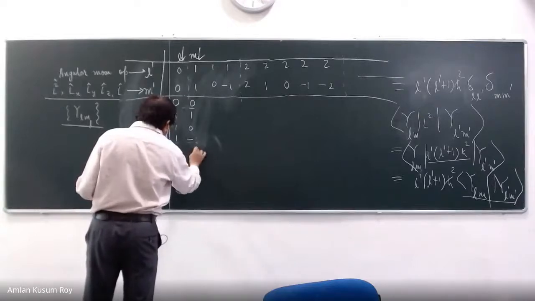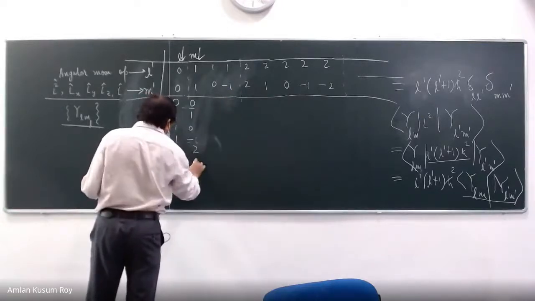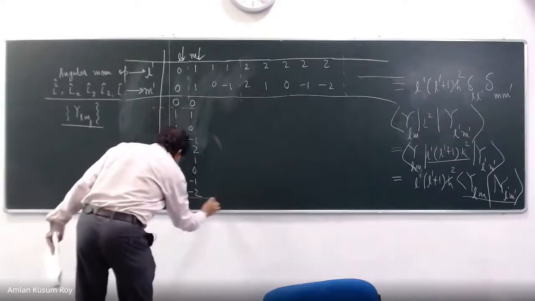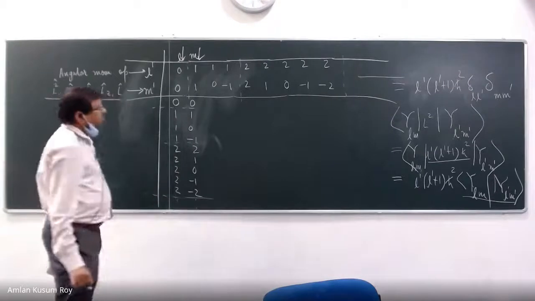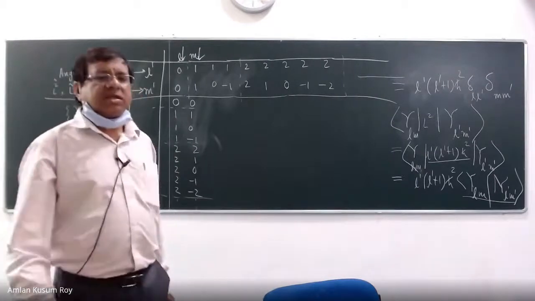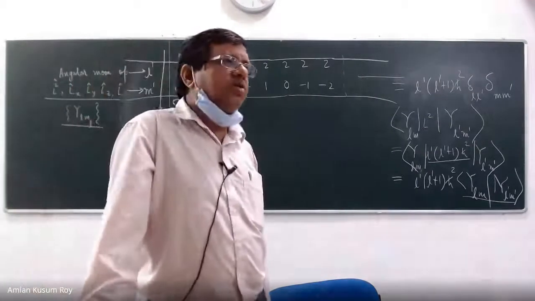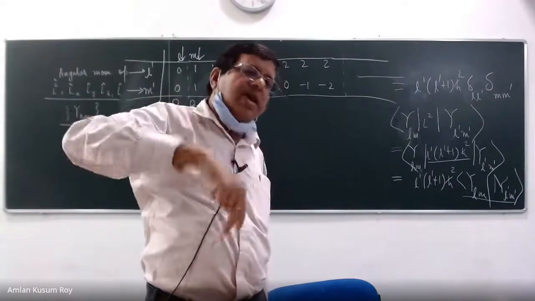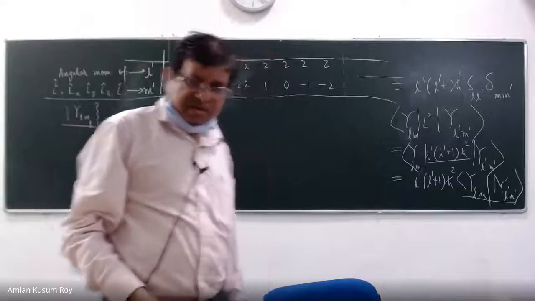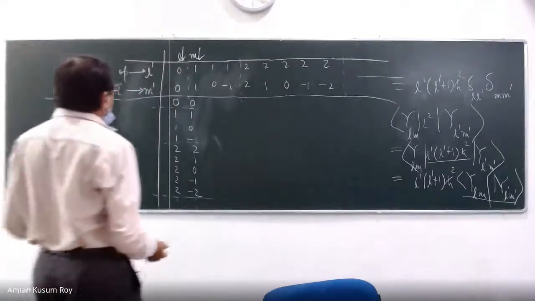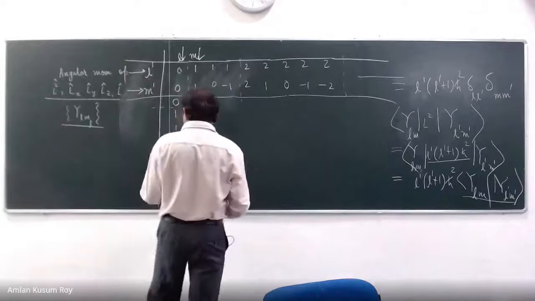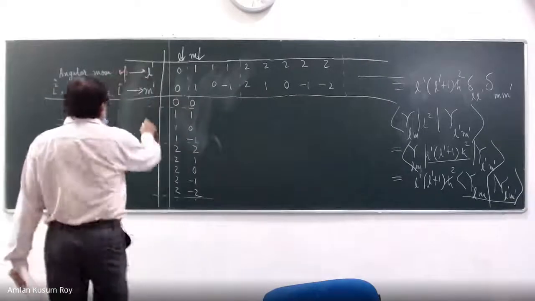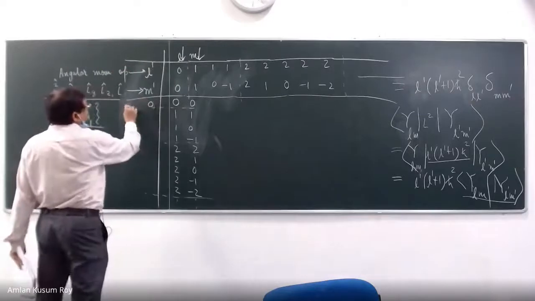In that order you write 1, 0, -1, -2. So this is an infinite matrix. You see that? L goes from 0, 1, 2, and so on. But for a given L, the M values are finite in number. You do not have infinite values of it. So now, actually it should have been here.